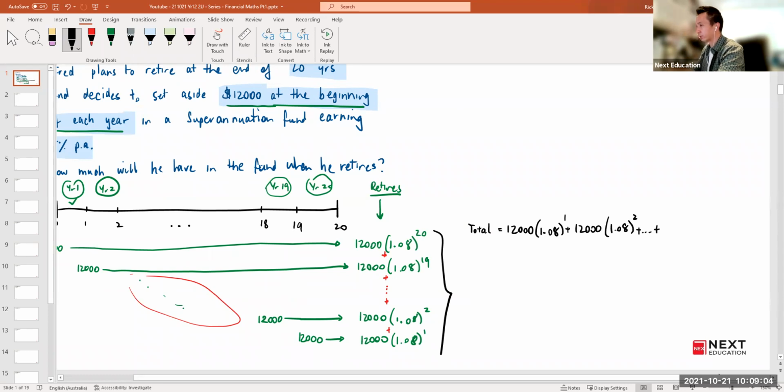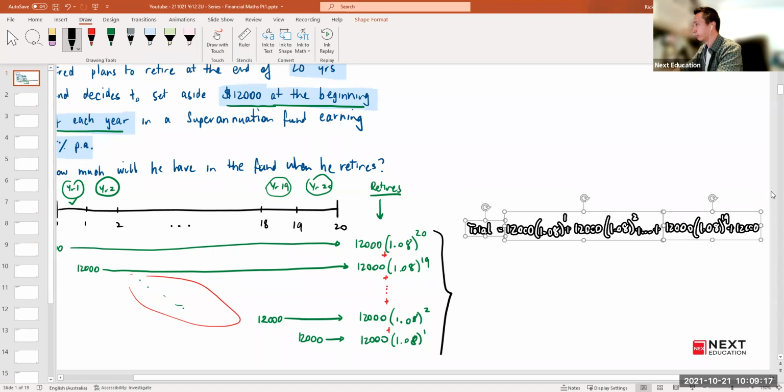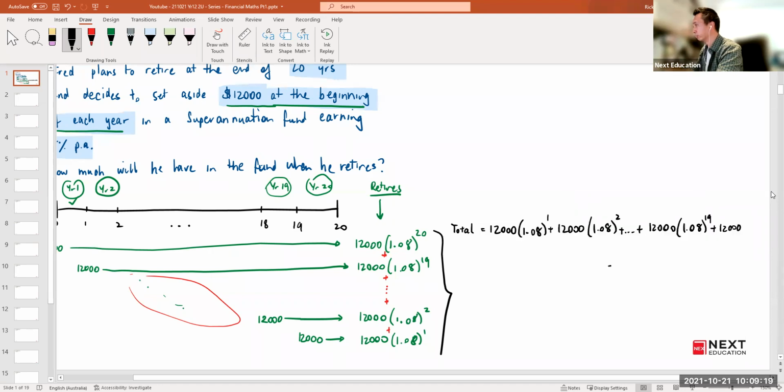So then dot, dot, dot represents the ones in between, and 12,000 times 1.08 to the power of 19, and the last payment there as well. Let me see if I can fit it in. I couldn't, so I'm going to shift it over. 1.08 to the power of 20.